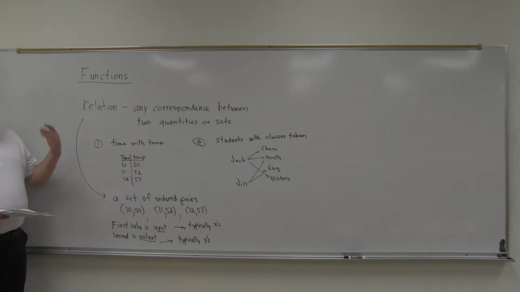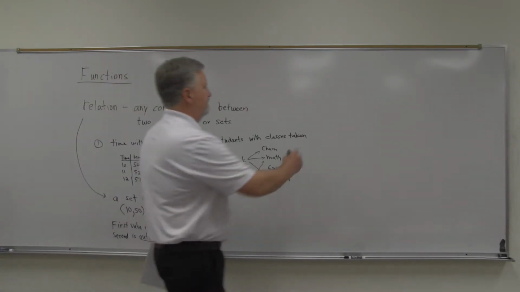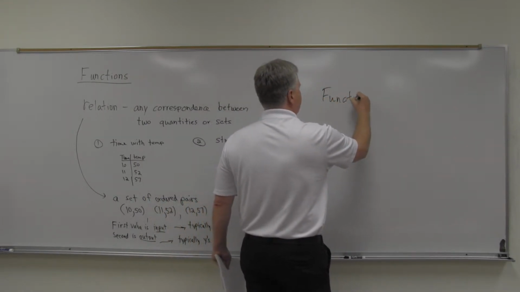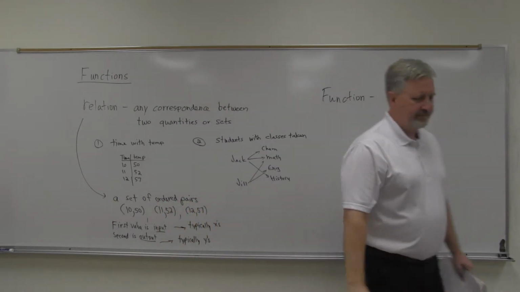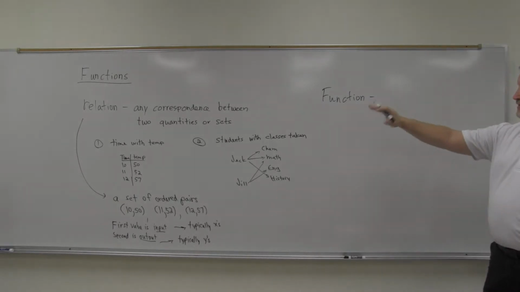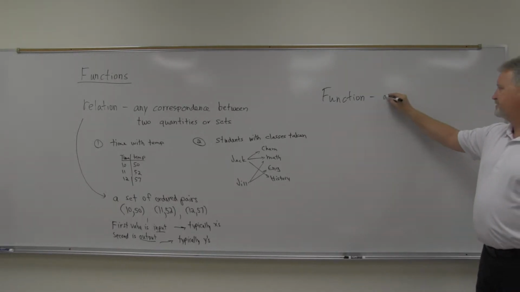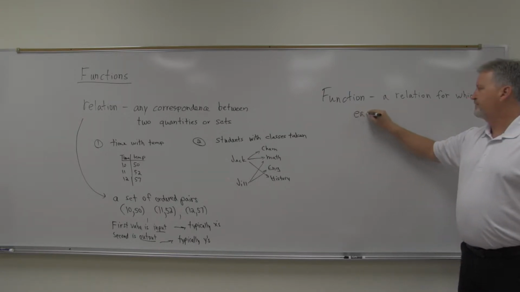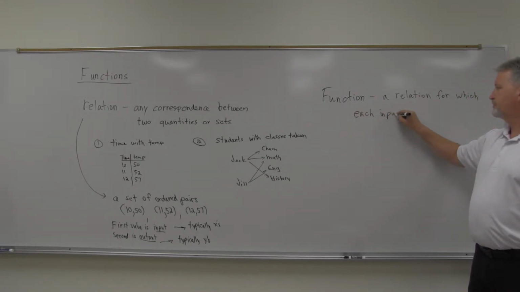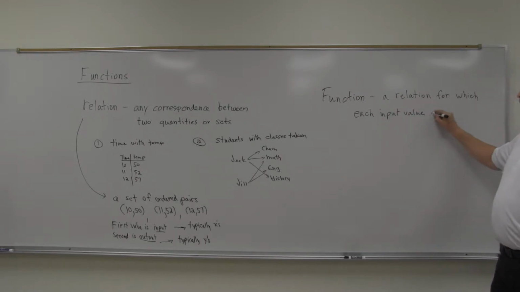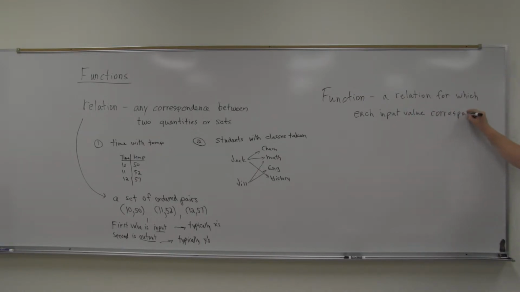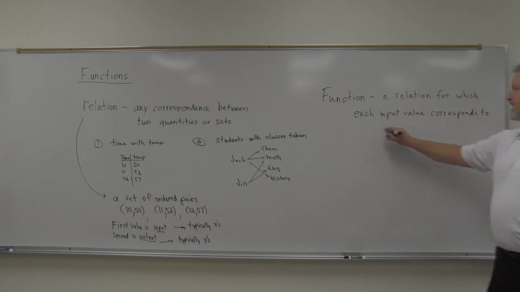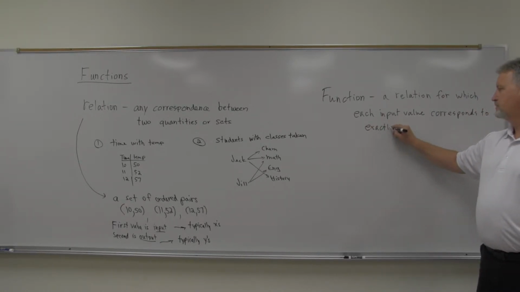All right. So let's set up here, define our function. A function, like I said, is a specialized relation. A function is a relation for which each input value corresponds to exactly one output value.